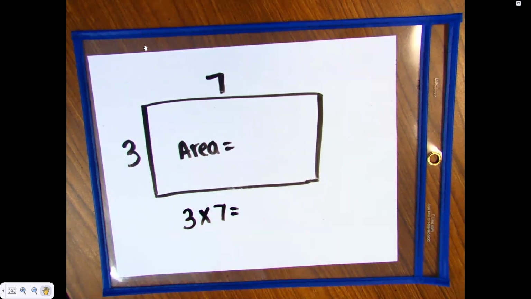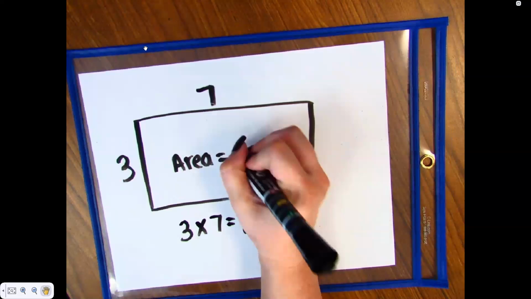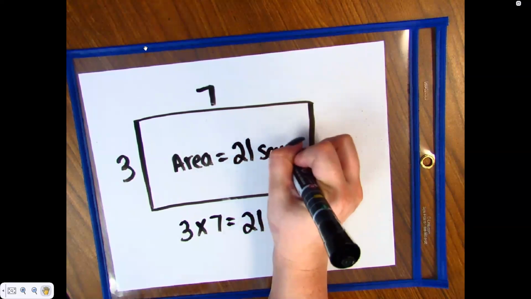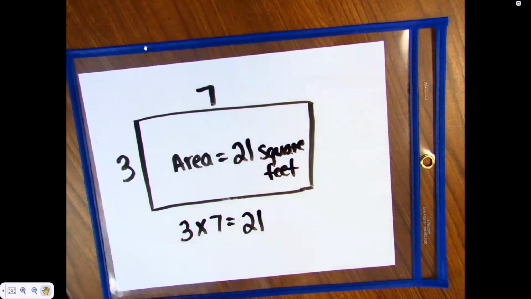Anybody? 3 times 7? 21. So then my area would be 21 square feet, okay? I mean square units.